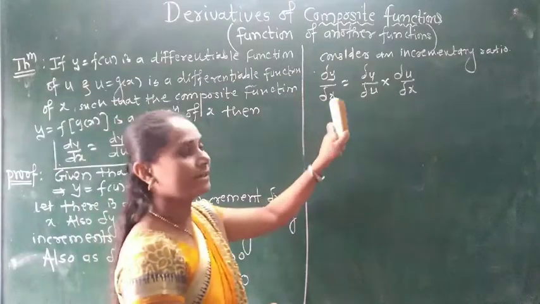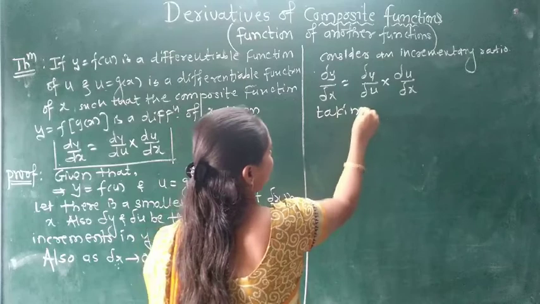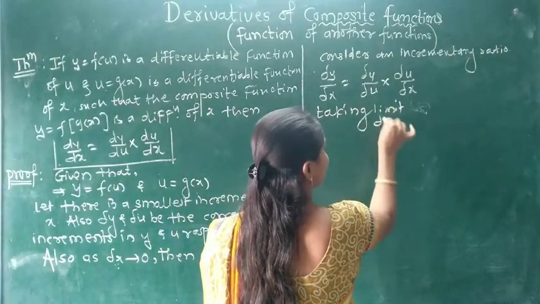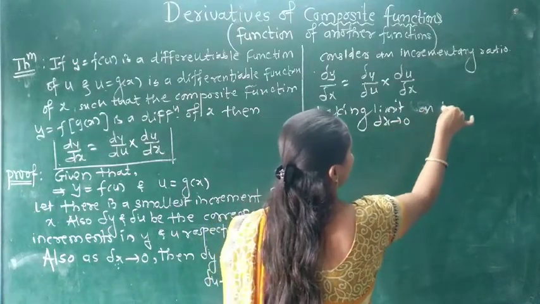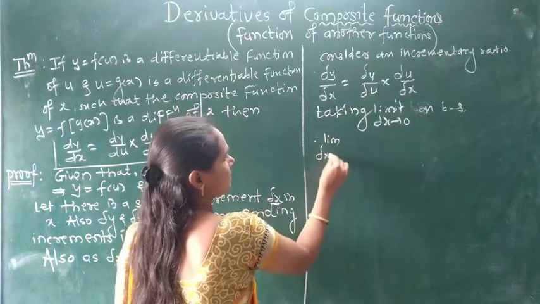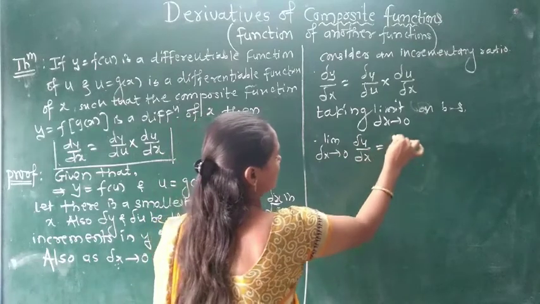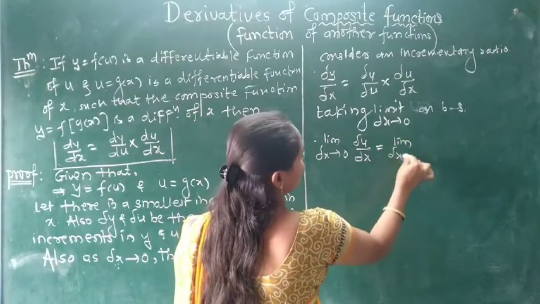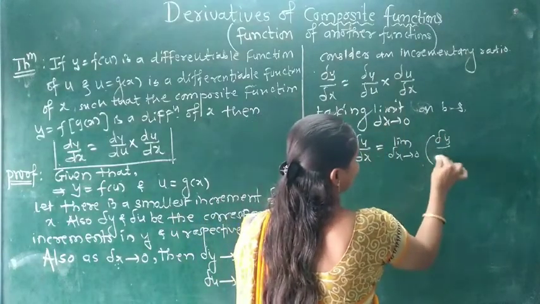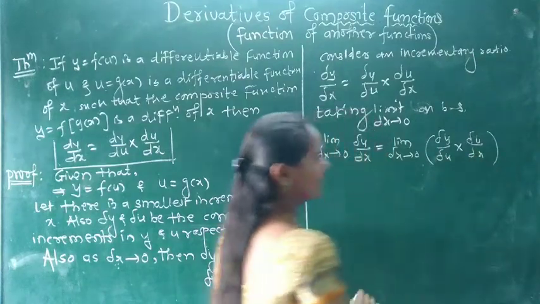Now taking limit as delta x tends to 0 on both sides. Therefore limit delta x tends to 0, delta y upon delta x is equal to limit delta x tends to 0 of delta y upon delta u into delta u upon delta x.